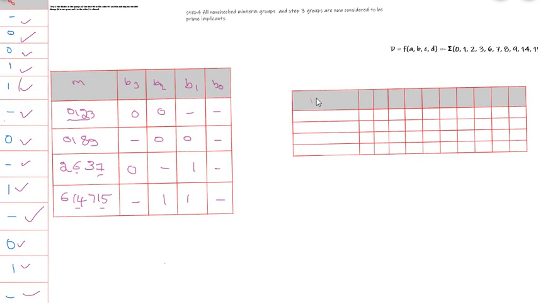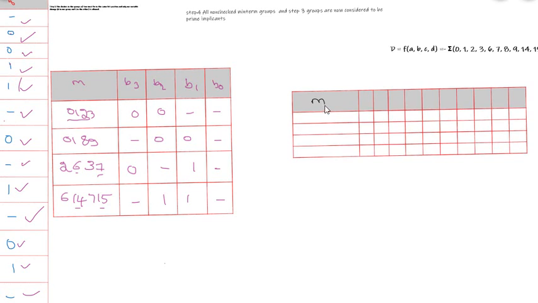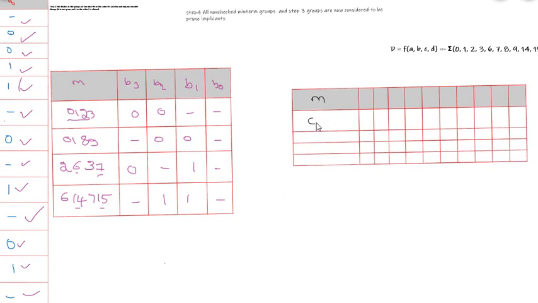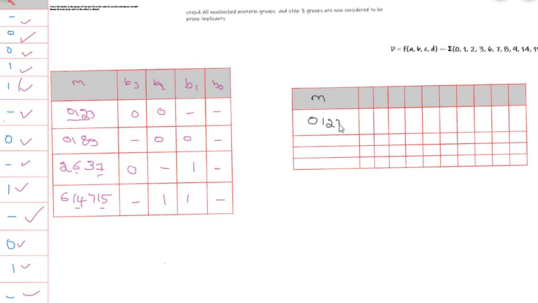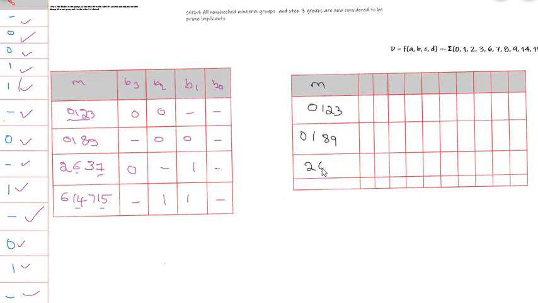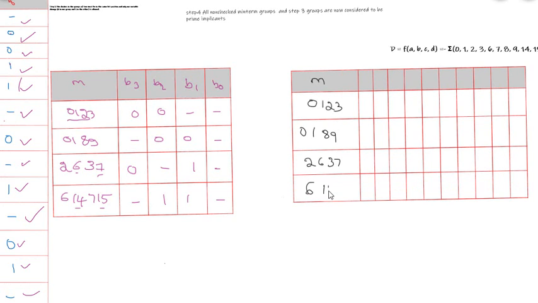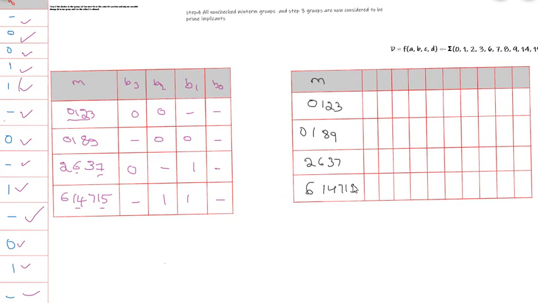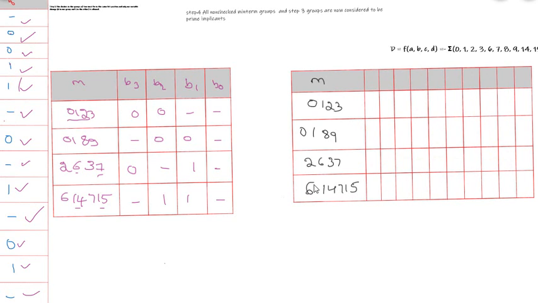First we take m, the minterms, present in step 3: we have 0 1 2 3, then 0 1 8 9, then 2 6 3 7, and then 6 14 7 15. Step 4 says to take all non-checked minterms in each step, but steps 1 and 2 are all checked, so we will not go with those. From step 3, whatever terms are there, we take everything here.